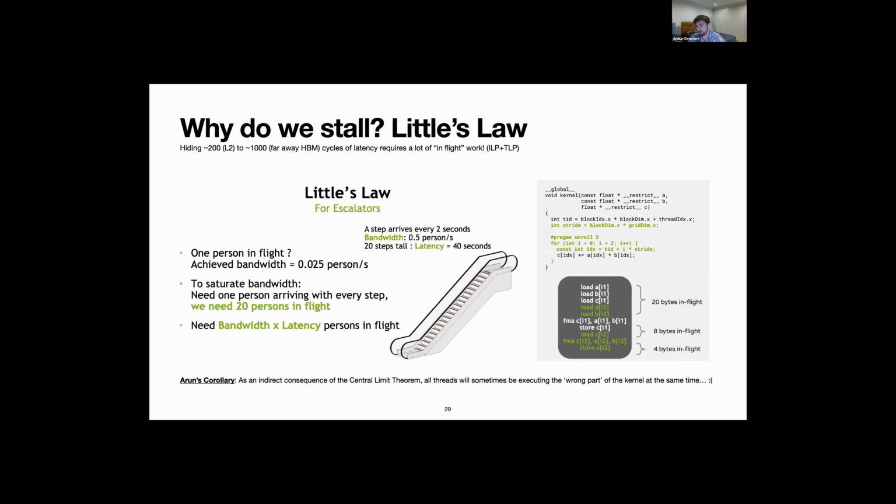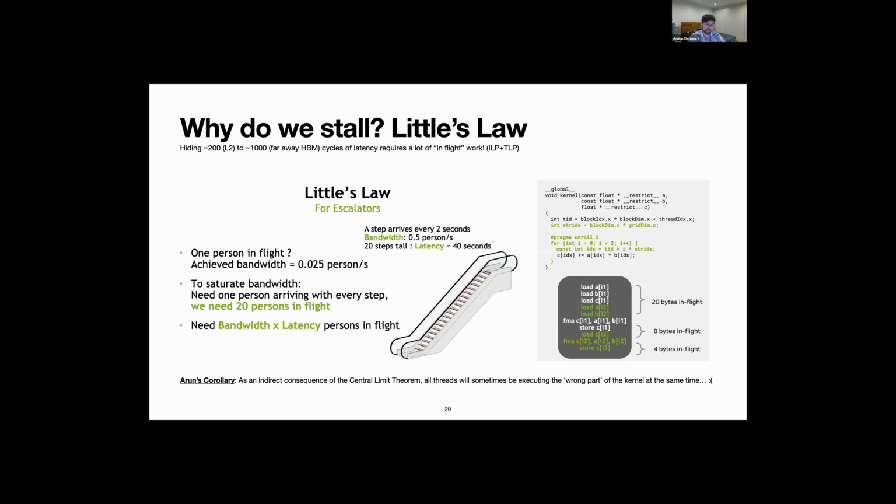Is it at the first load or is it doing the final store? If you take the full latency of the program, the probability of being in a part is roughly the latency of that part of the program. Therefore, sometimes you're just going to get unlucky. You might have more threads doing the part that has less instruction level parallelism at the same time, and then you don't manage to keep your GPU busy.